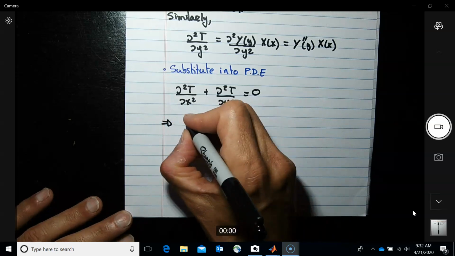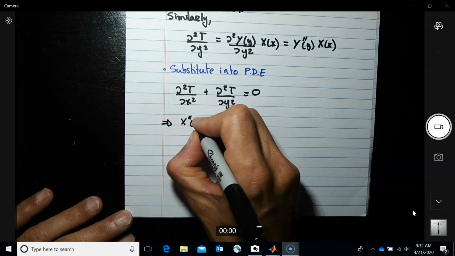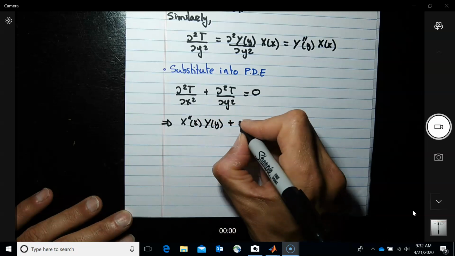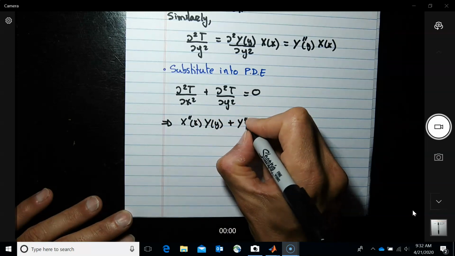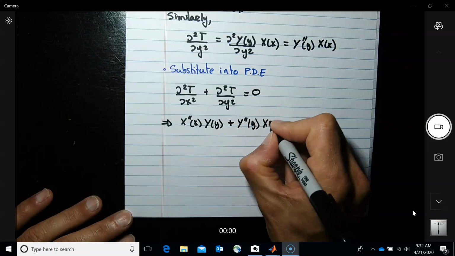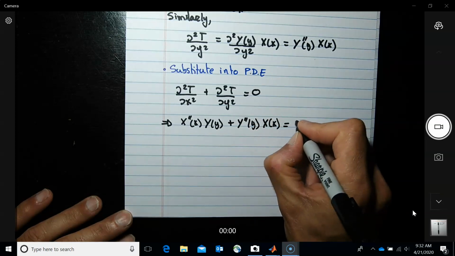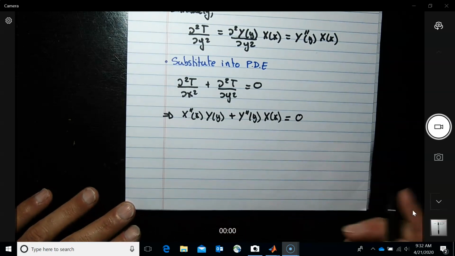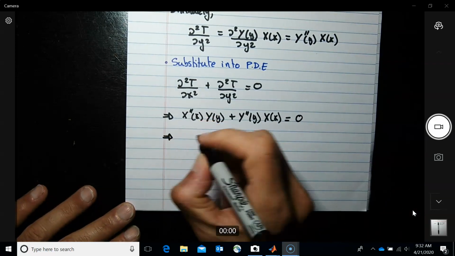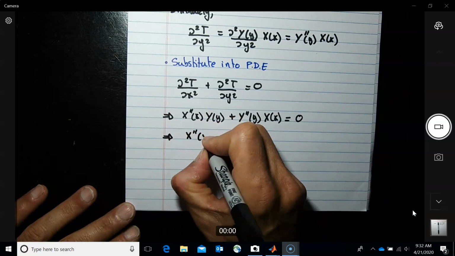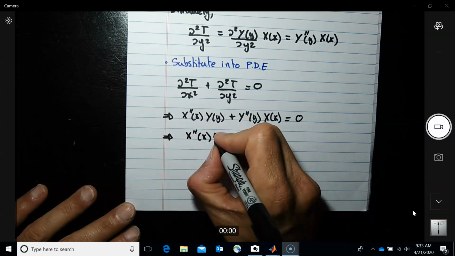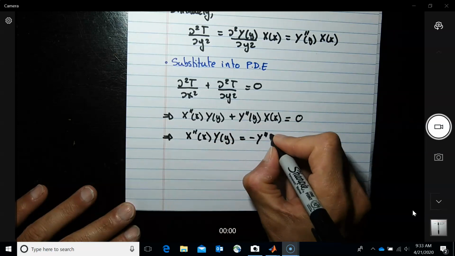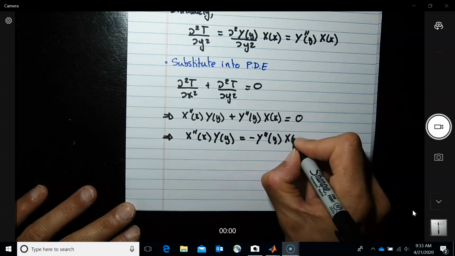X double dot of x times Y(y) plus Y double dot of y X of x equal to 0. Okay, so that means that X double dot of x Y of y equal to minus the second derivative of Y X of x.